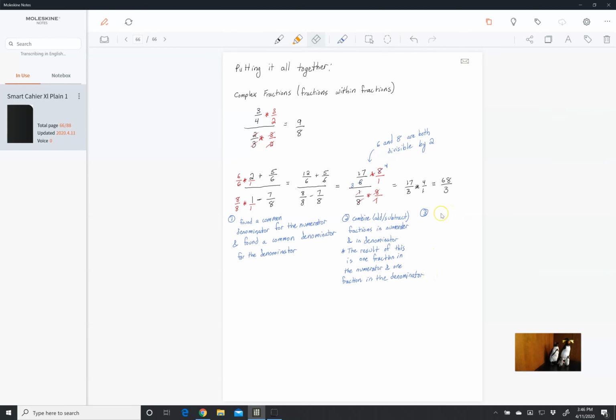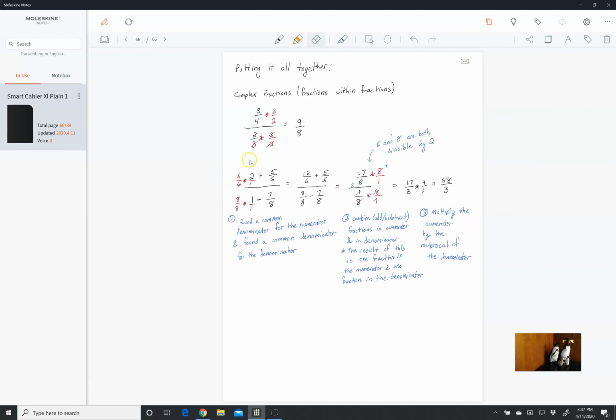Okay, so our last step is to multiply the numerator by the reciprocal of the denominator. So it's the same 3 steps, okay?